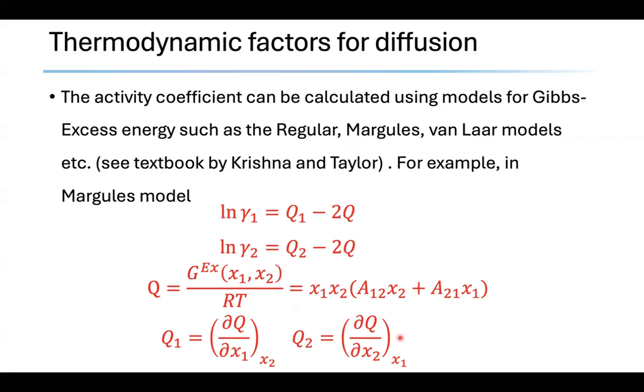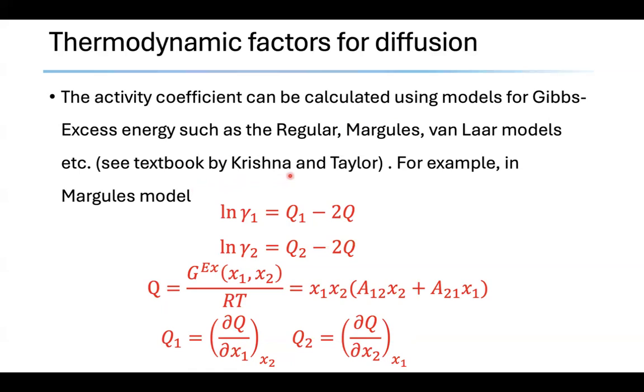Activity coefficients can be calculated in many ways, and one of the standard ways of calculating them is by using the Gibbs excess energy from models such as the regular Margules and Van Laar models. These expressions are dealt with in detail in the textbook by Krishna and Taylor.